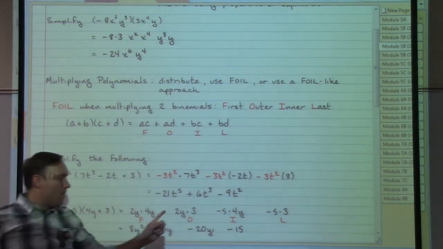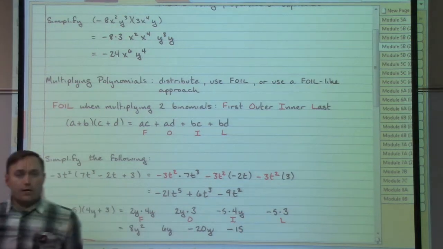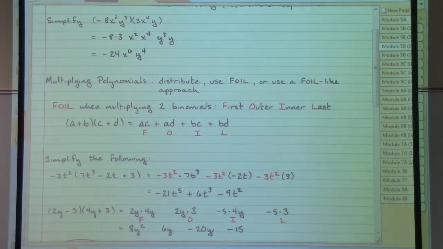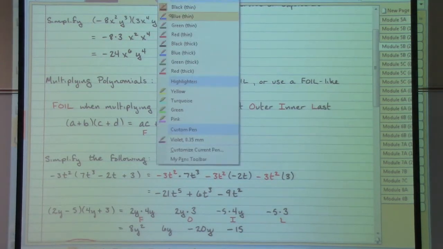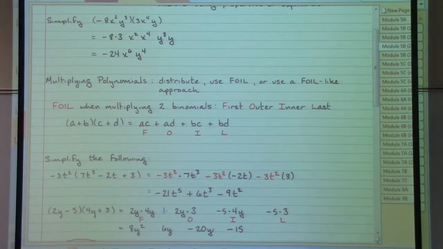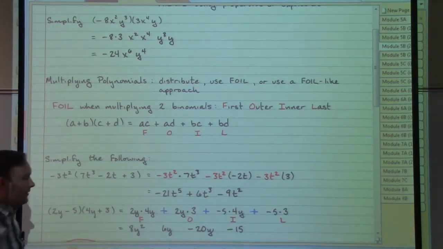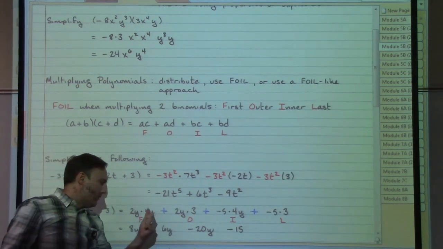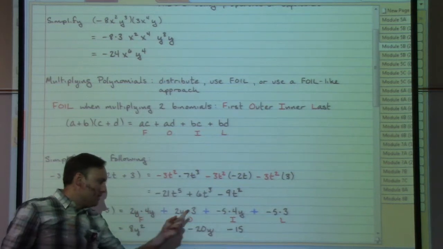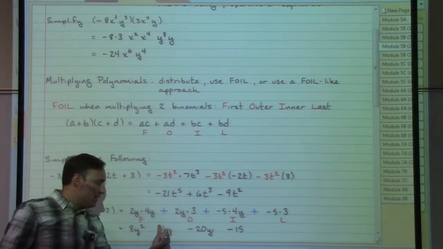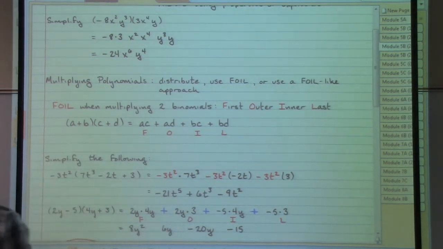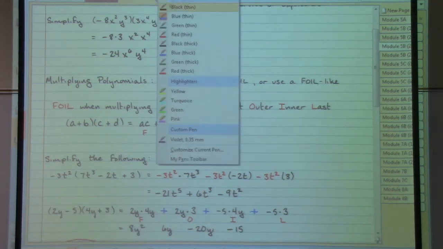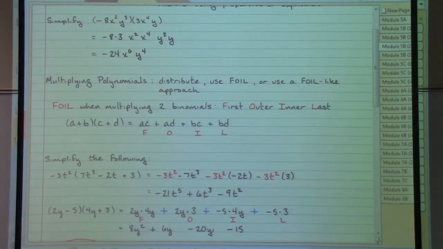We need to know how all of them are connected to one another. And so the most straightforward thing to do is just have all of them originally being added together. So the F plus the O, well, the O stuff was positive, so it's going to stay positive.